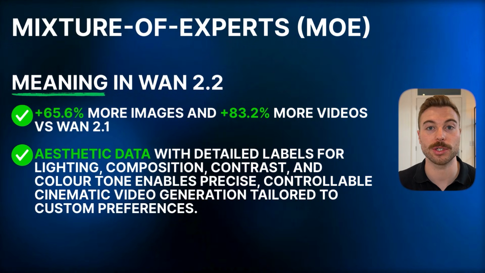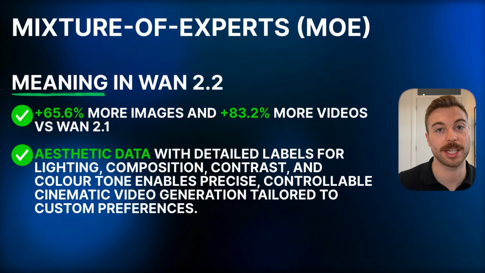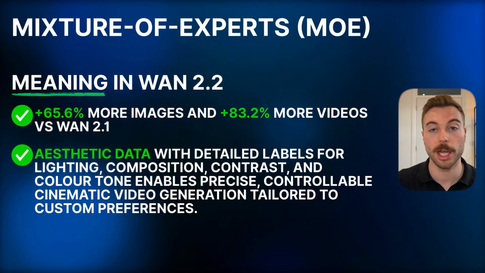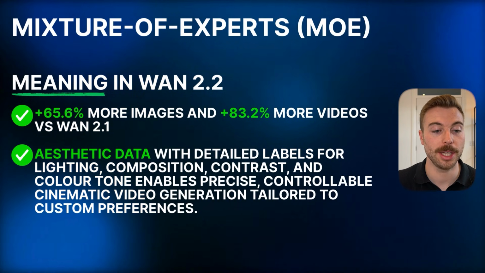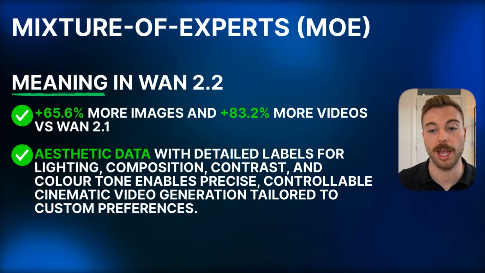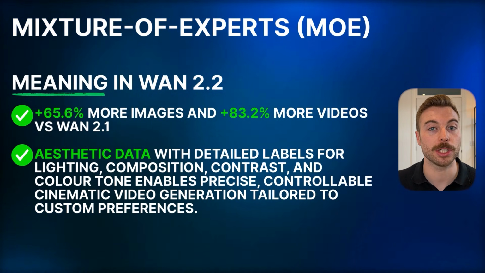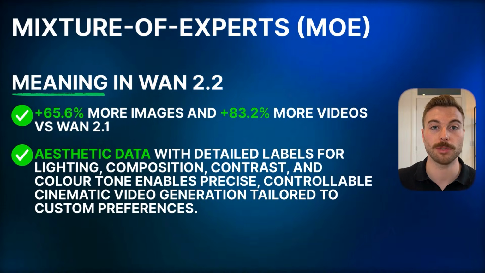And it's also got those specific experts. So for example, it's been given lots of static data that's been labeled, so the AI knows what it is, including lighting, composition, contrast, color temperature, and much more, so that when we give it the prompt, it's going to get that much better output, and we'll show you that later on.